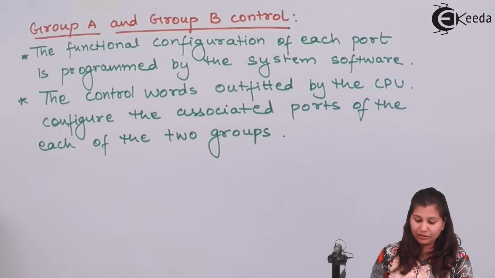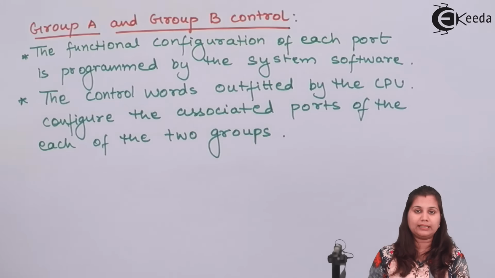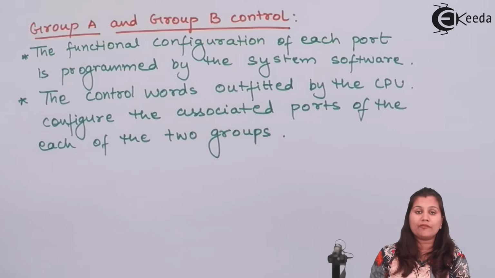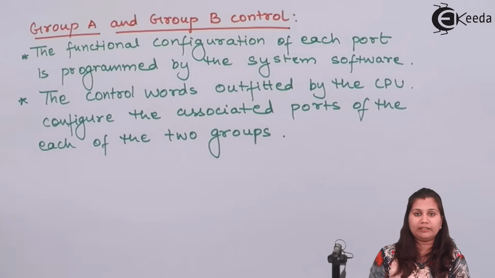The information carried by the control word contains the mode, set, reset bits, which mode is going to be selected, which port will act as input, which will act as output, and which group is going to be active. All the information is contained in the control word.